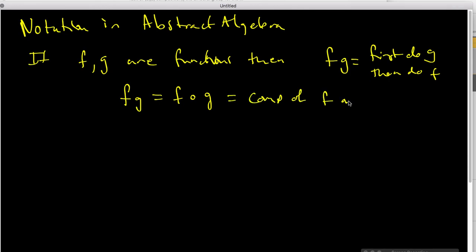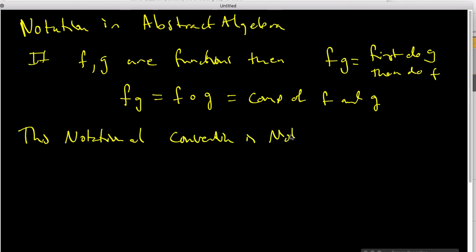of f and g. This is not true. So this notational convention is not true in other areas of mathematics.